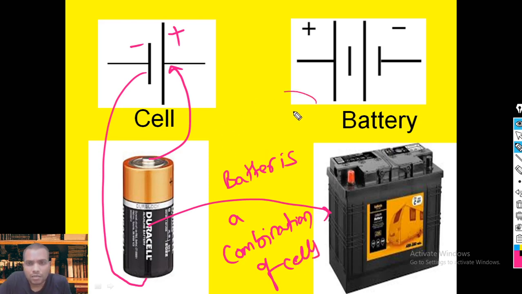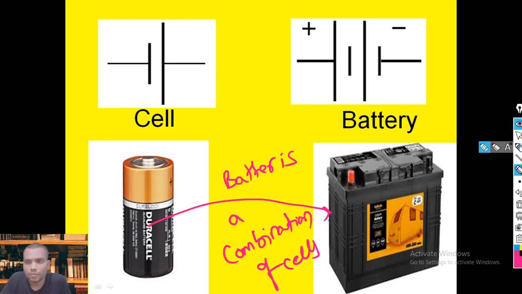So here, how the cells are represented in the circuit: the cells have to be combined. Here you can see the battery symbol contains more than one cell. First we draw the positive terminal of a cell, with a gap we draw the negative terminal. Again we draw a long terminal for the positive and a short one for the negative.